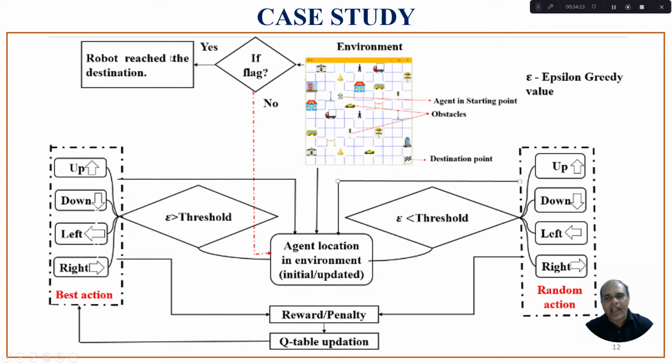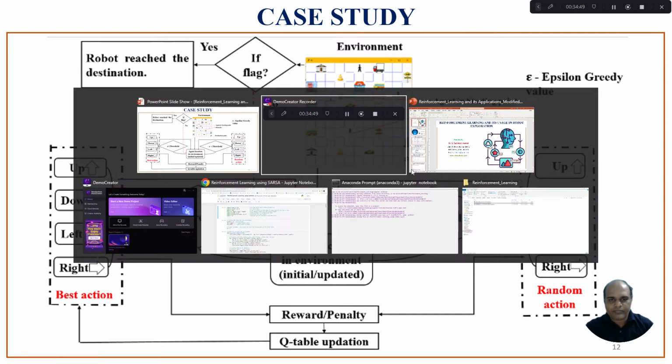It tries to find the alternate path of reaching the destination. If not, it goes to the updated location, and then again depending upon the epsilon value, the Q-learning technique or the SARSA technique will be selected and the reward and Q table update will take place. So this procedure will carry on again and again. So this is what we do in our program. So now let us go into our program. So I am going to open a Jupyter Notebook.